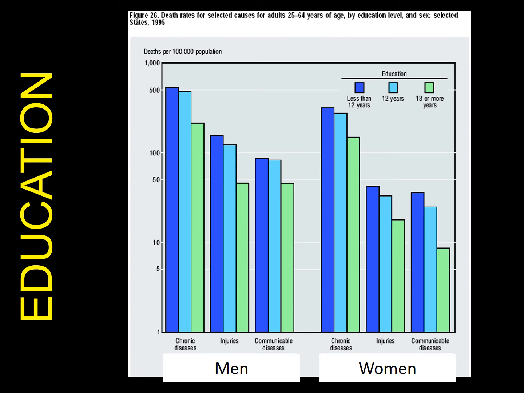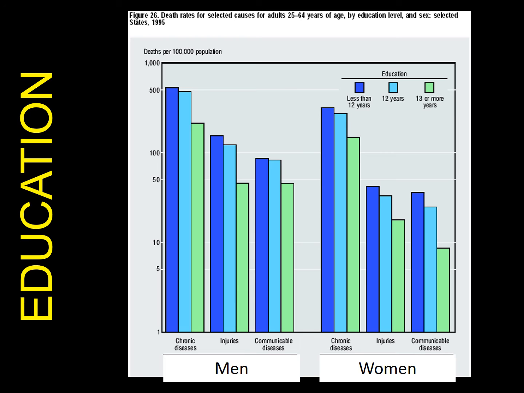Here's another hypothesis. Maybe it's differences in education due to historical discrimination and current access to quality education. Maybe this underlies some of the social disparities we see in health outcomes. So I chose this graph because it separates different death rates, death from different causes in men versus women.